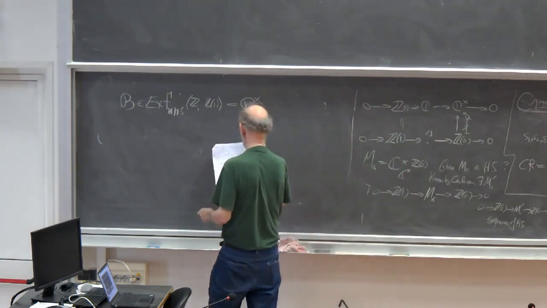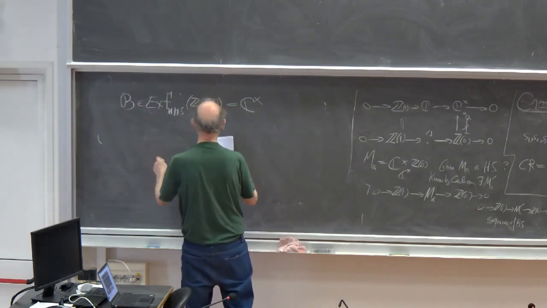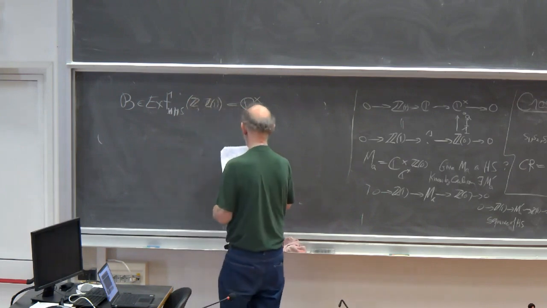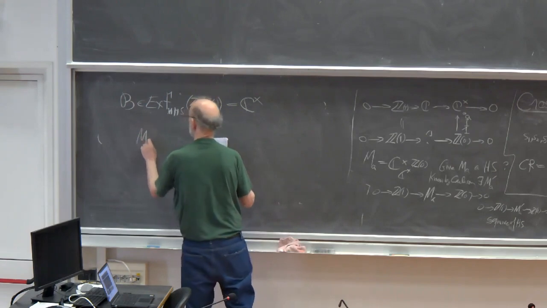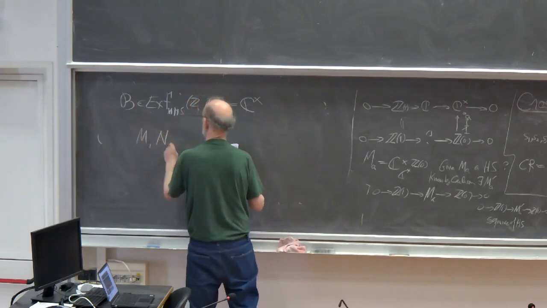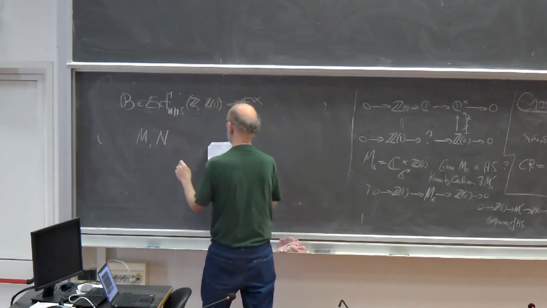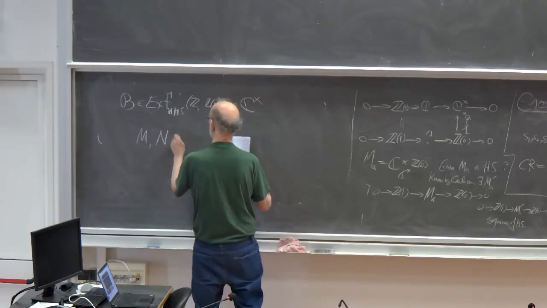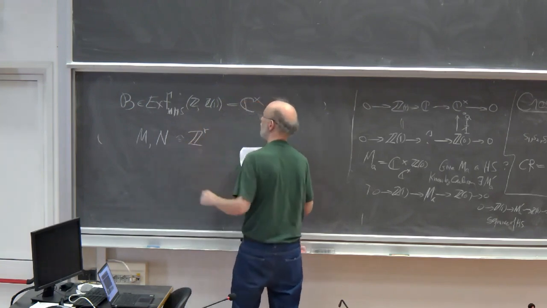So that means, well, let's consider a slightly more elaborate situation. Let's consider M and N, say free abelian groups, say they're of the same rank, isomorphic to Z to the, I don't know, Z^n.